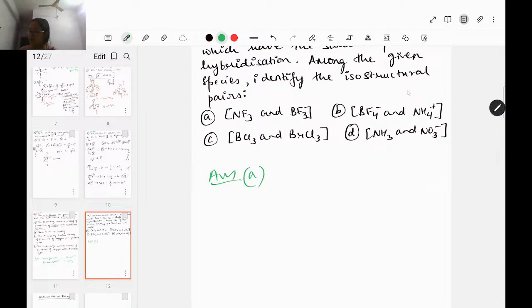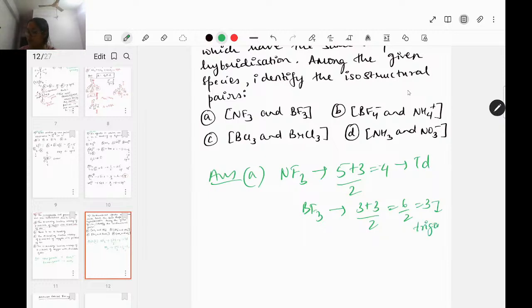NF3 has what structure? 5 plus 3 is 8, 8 by 2 is 4, which is tetrahedral. And what about BF3? The central atom is boron. So it is 3 plus 3 by 2, which is 6 by 2, which is 3, which is sp2, trigonal planar. So they are not isostructural.